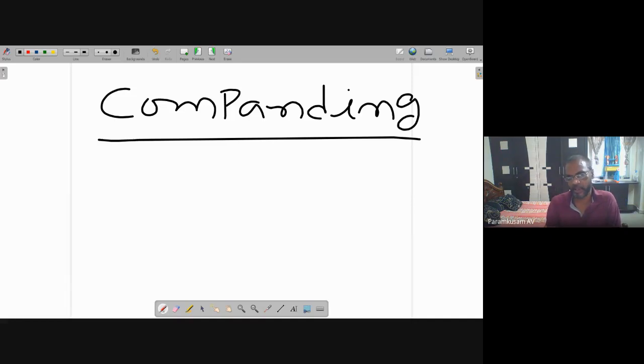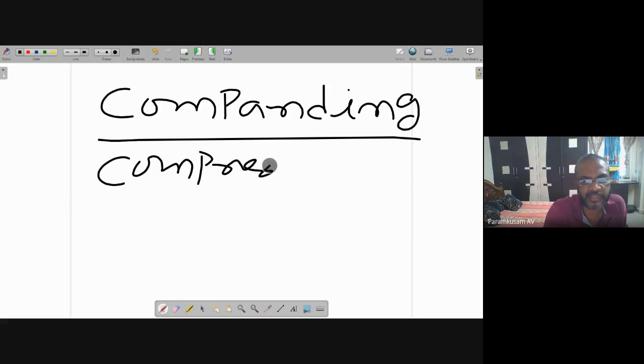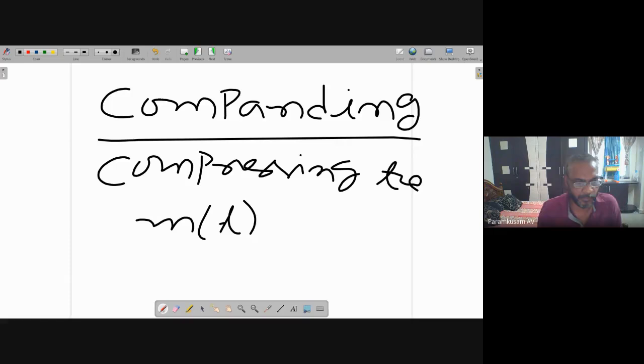Here non-uniform quantization is actually obtained by compressing the m of t.